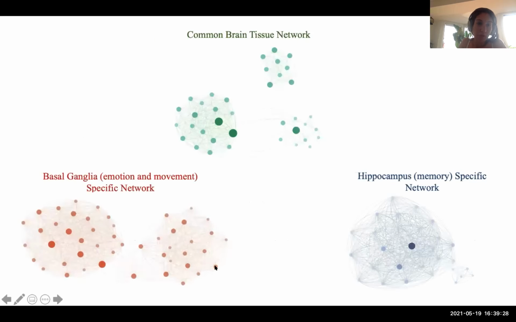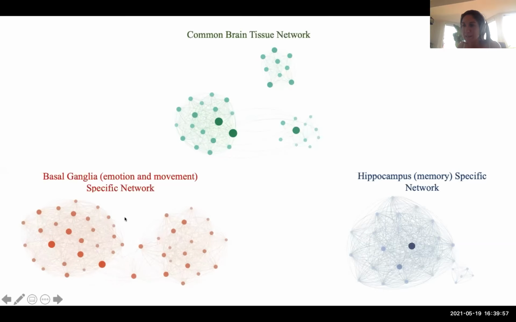So the size of the node corresponds exactly to how many co-expressions this gene has in this cluster. Here, what I represent is the common gene expression network, and among the 13 different regions, I reported just two of them: the basal ganglia and the hippocampus.